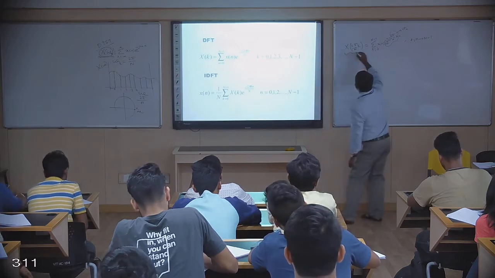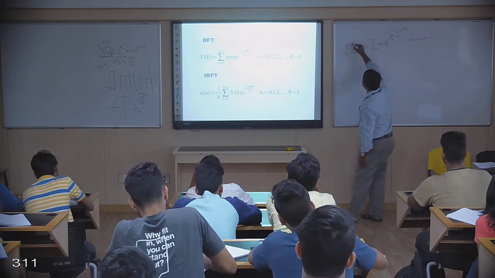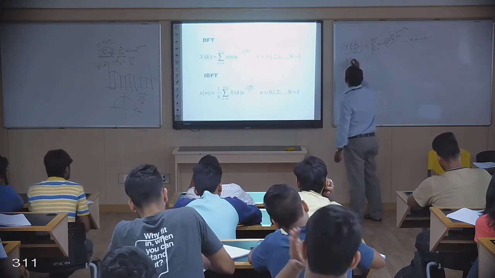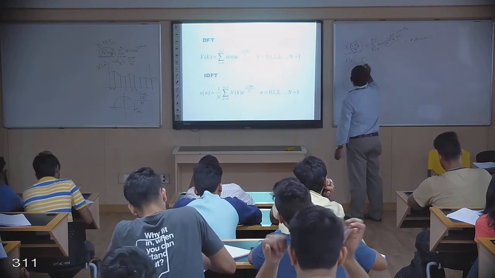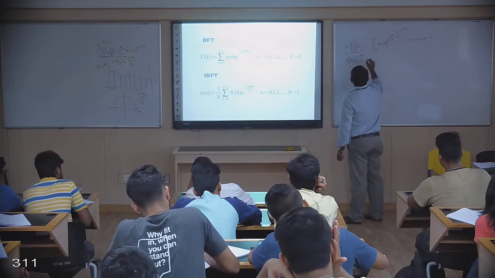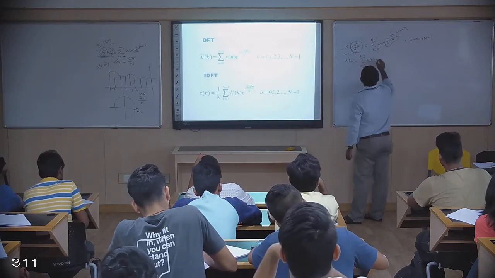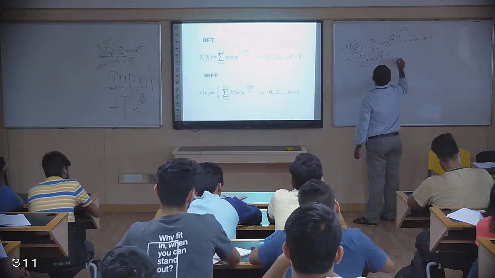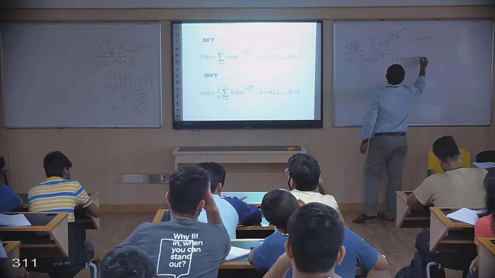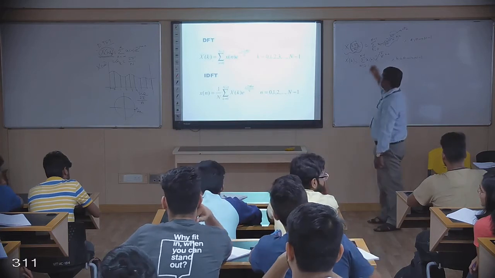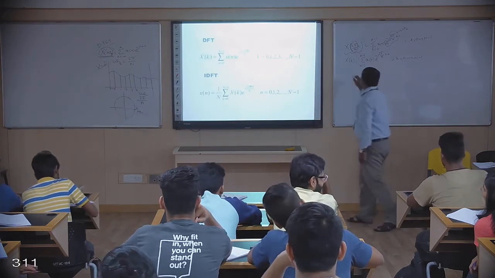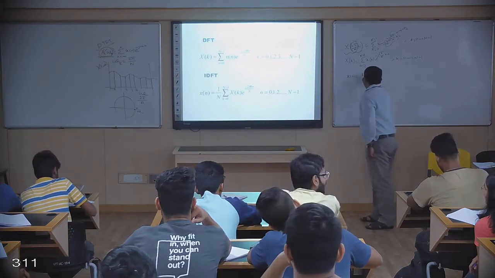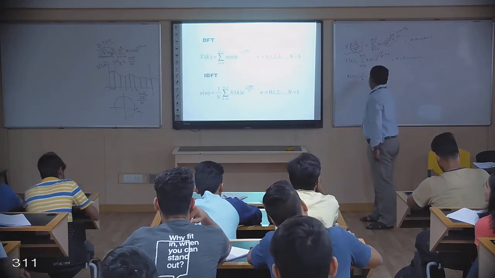So I can simplify this because this is going to be same for all the cases. Alright, so I can simplify this as x of k and similarly the inverse DFT, I'll get my x of n back by taking 1 by n summation.